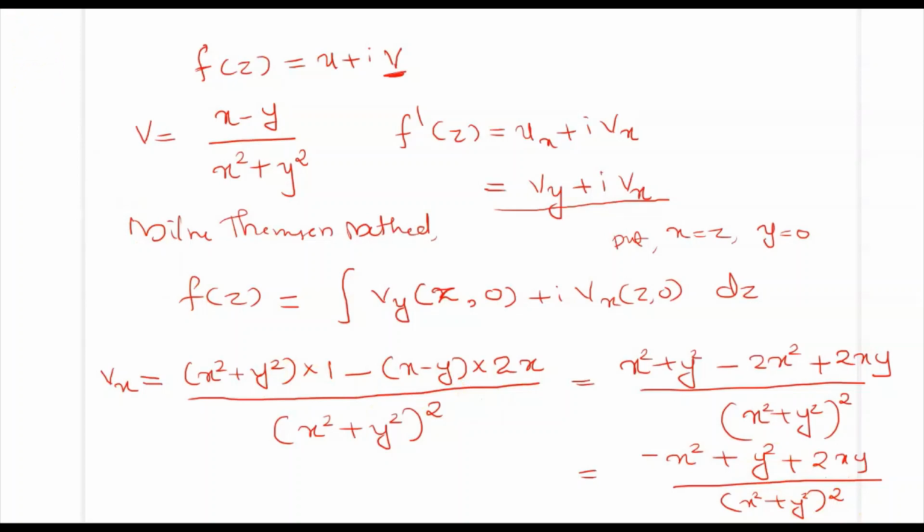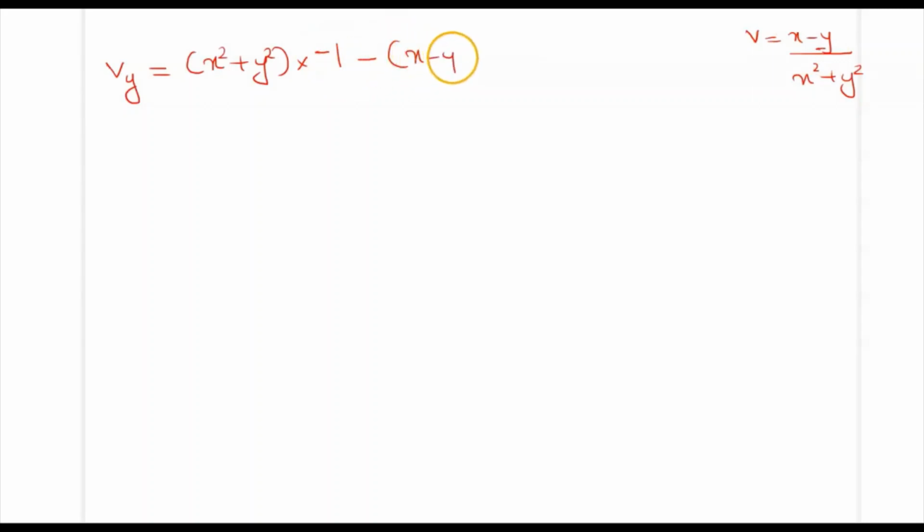Now we need to find vy, the derivative with respect to y. V is equal to (x minus y) divided by (x square plus y square). Denominator into derivative of numerator with respect to y, that is minus 1, minus numerator into derivative of denominator with respect to y, that is 2y, divided by denominator whole square, (x square plus y square) whole square.